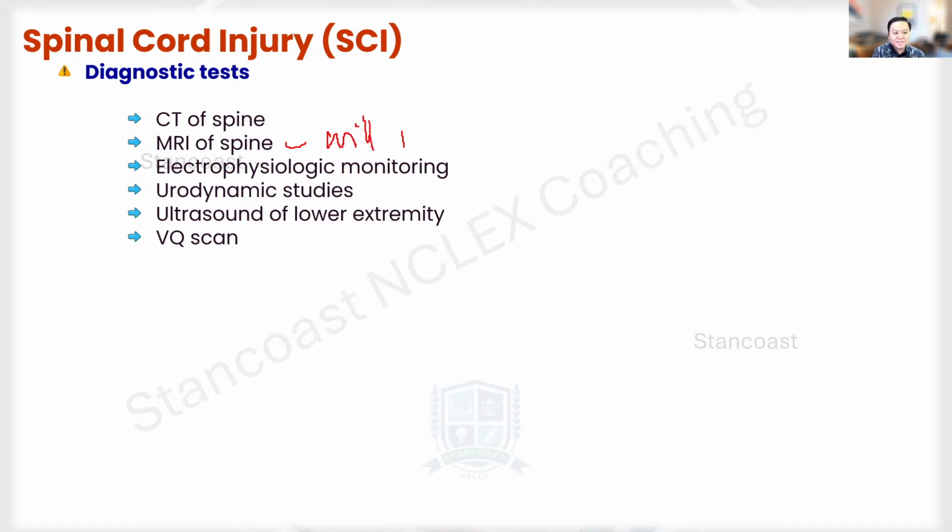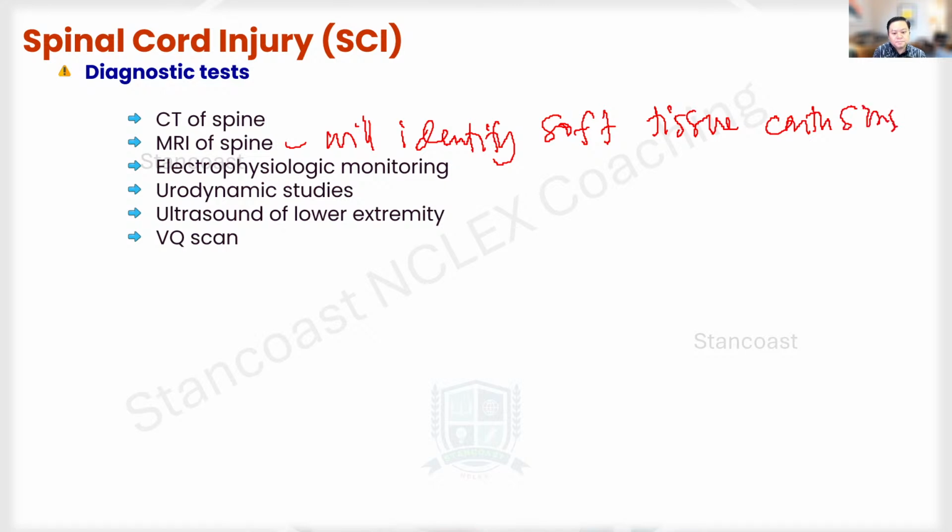Now, the MRI will show those soft tissue structures, okay? It will identify soft tissue contusions, specifically of the spinal cord, and it will also detect hemorrhage, maybe bleeding within or around the spinal cord.